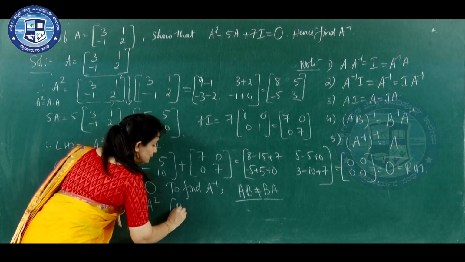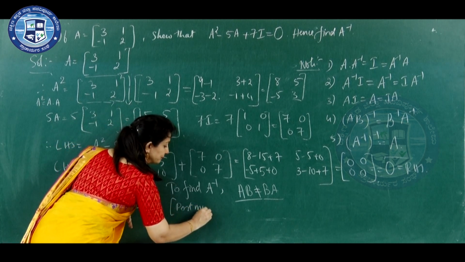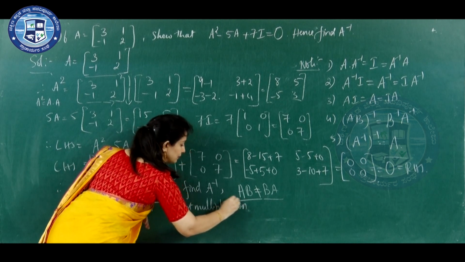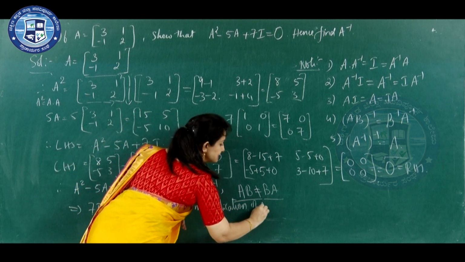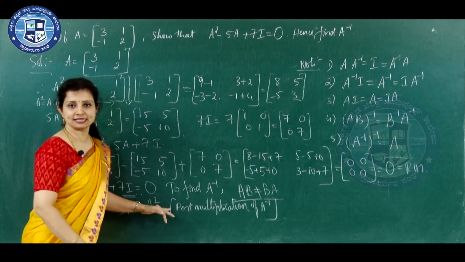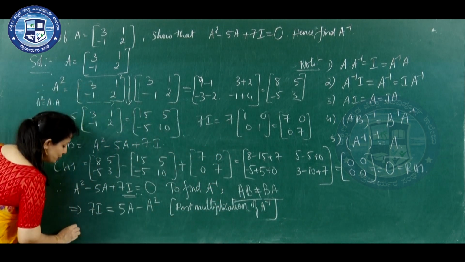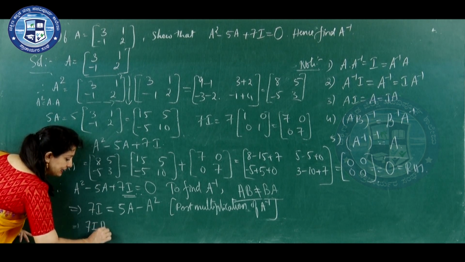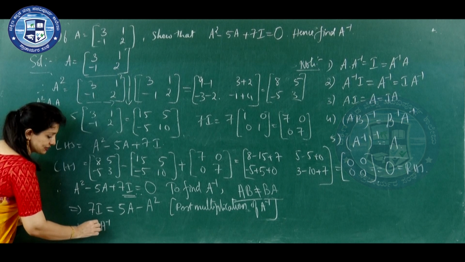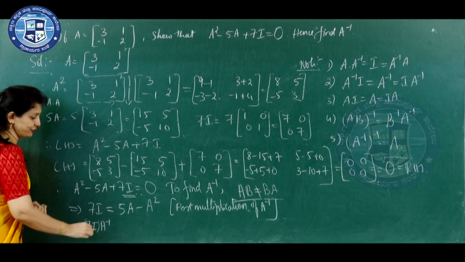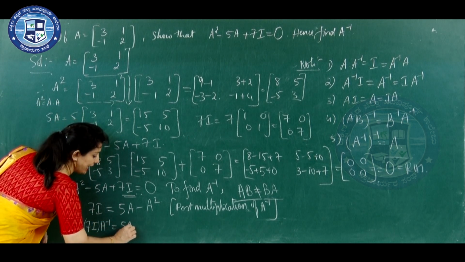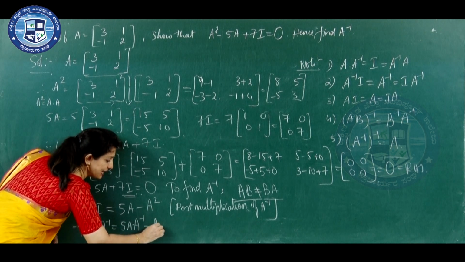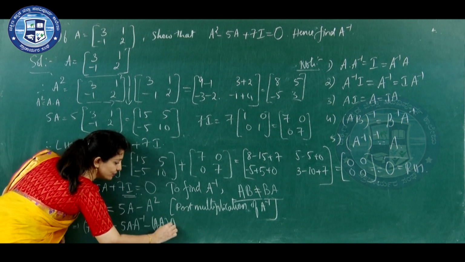Post-multiplication means after writing the matrix, write A inverse. So 7I into A inverse is equal to 5A into A inverse minus A square into A inverse.